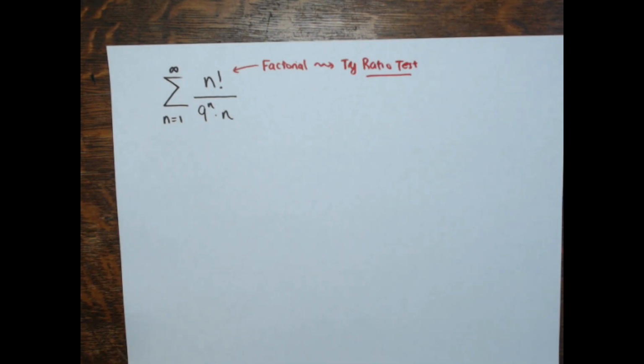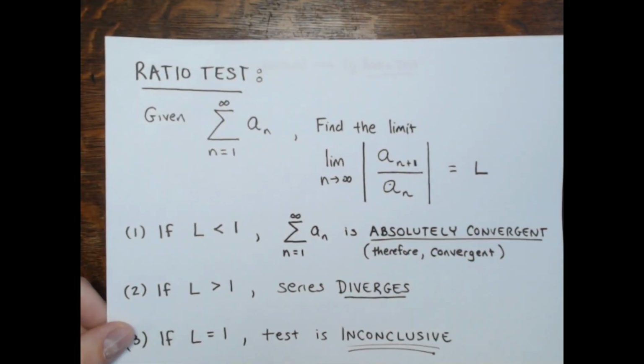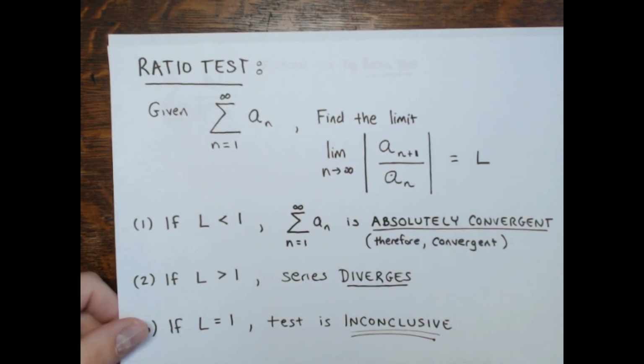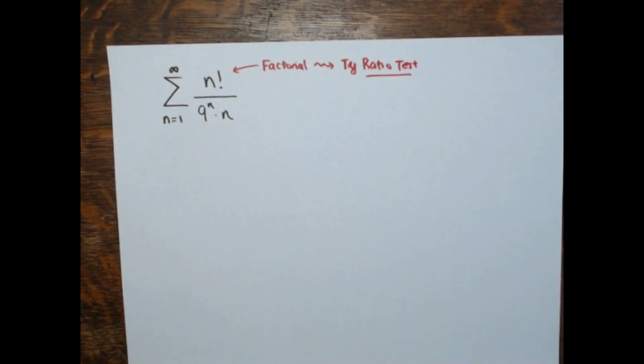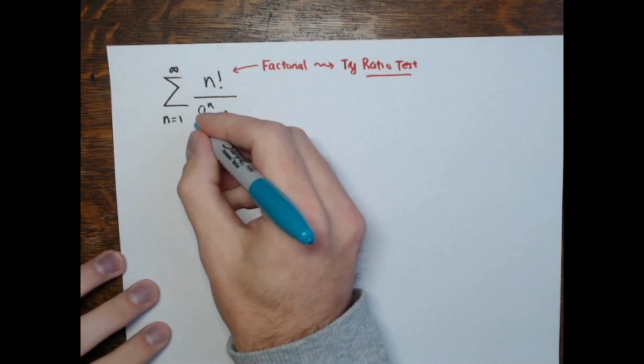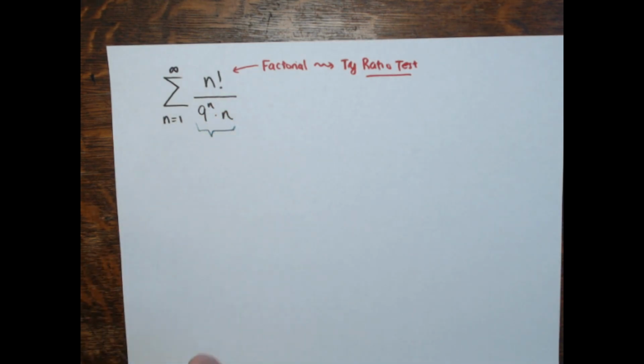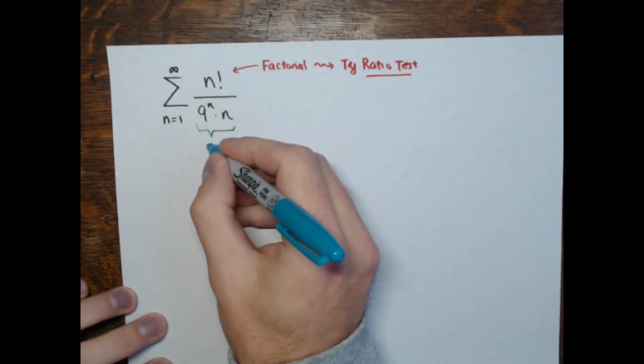So remember what the ratio test was. I've got that back up here. I could maybe pause it and read through this again. These terms, n factorial over 9 to the n times n, that's my a sub n.